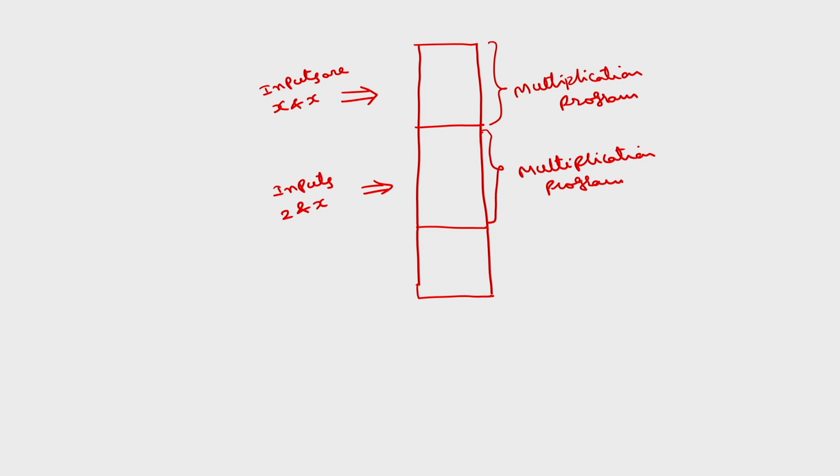Suppose this multiplication program takes 100 bytes, then to obtain x square plus 2x requires 200 bytes. This is a waste of memory, because the program is the same, only the inputs are different.